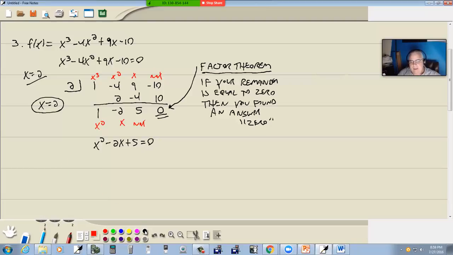Now a is going to be whatever number's in front of our x squared, so a is 1. B is going to be whatever number's in front of our x, which is negative 2, and c will be the number at the end, which is 5. Quadratic formula is x equals negative b plus or minus square root of b squared minus 4ac all over 2a.